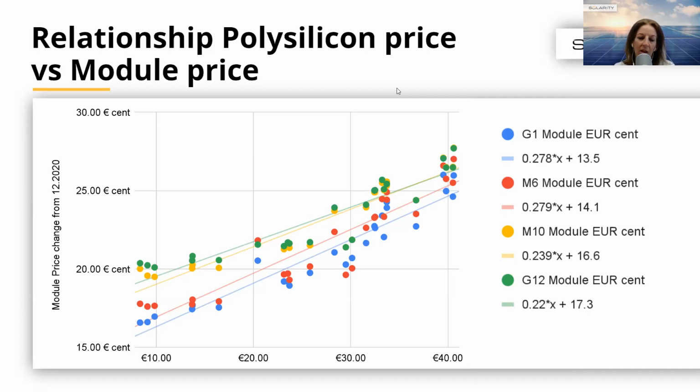The price, because of the polysilicon, is at a very similar point. The prices you can see here in the graph you can take only as indicative prices, because they do not include any transport cost, customs clearance, or warehouse costs and everything. They are just the pure price for the modules.